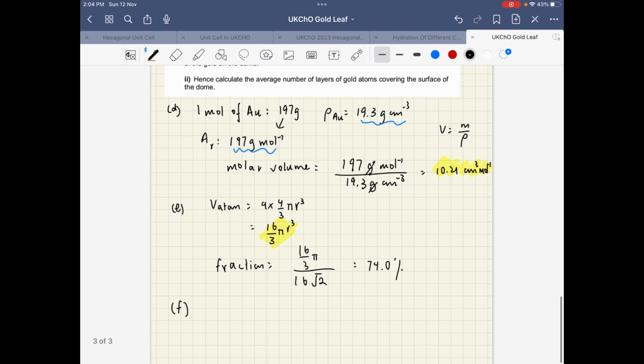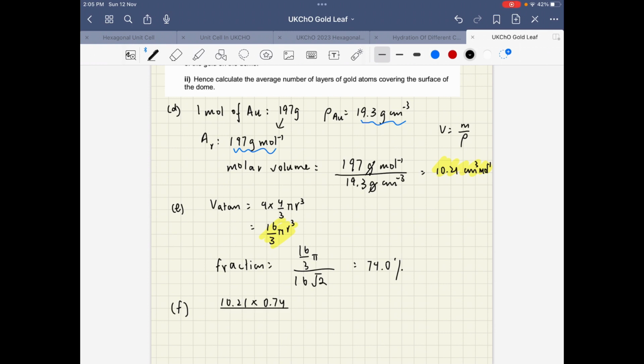Because I know that 1 mole of gold has a volume of 10.21 cm cubed, the volume of actual atoms would be 10.21 times 0.74, because some of the crystal lattice could be empty spaces, and that's not the atoms.